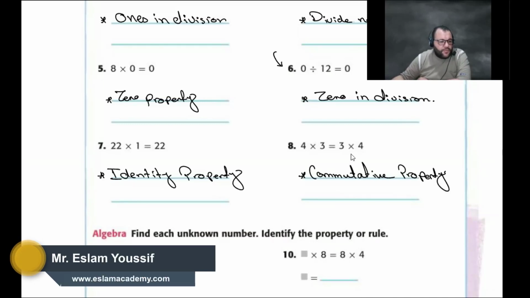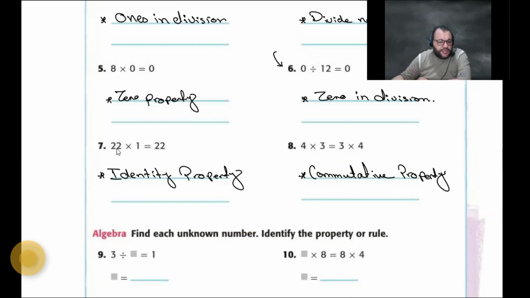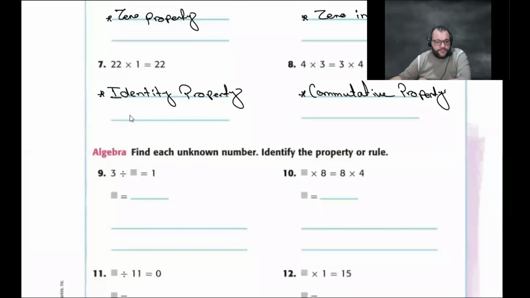Okay. Thanks, Muhammad. So, Ilyas, can you solve with me question number 9? Find each unknown.